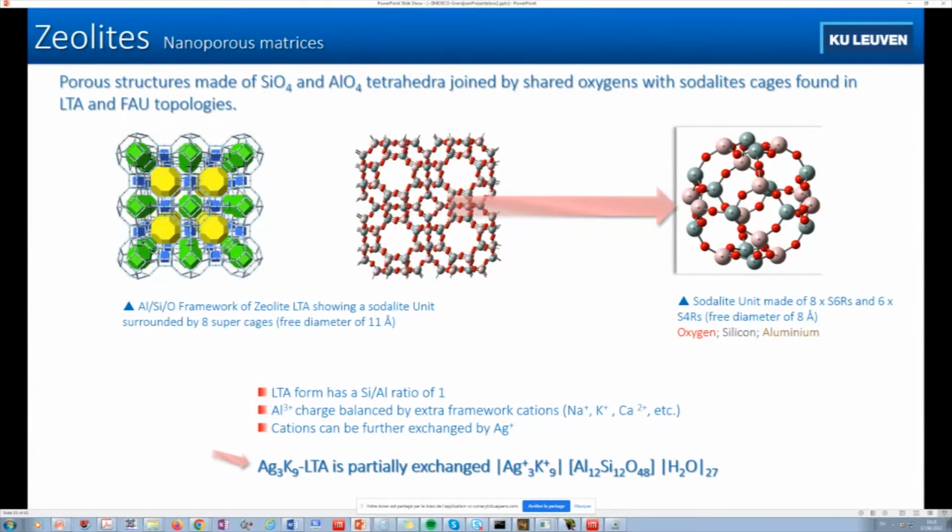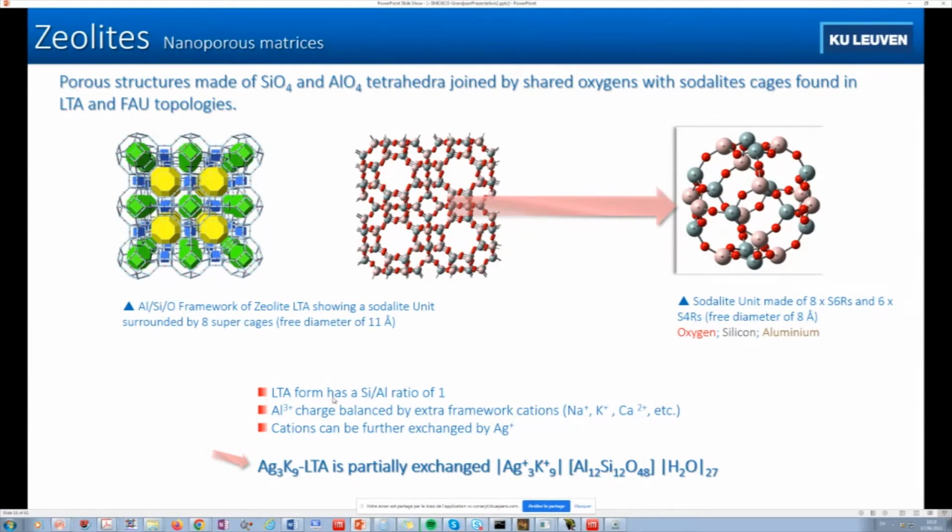So this is the typical LTA. I put in different colors the different cavities. You see the small connectors in blue. They are too small to contain any atom. Then you have the sodalite here, and then you have the supercage in yellow. And then there are a lot of rings: 8 6-rings and 6 4-rings.